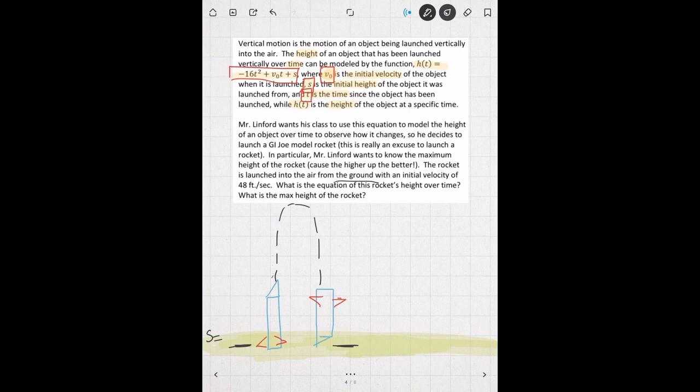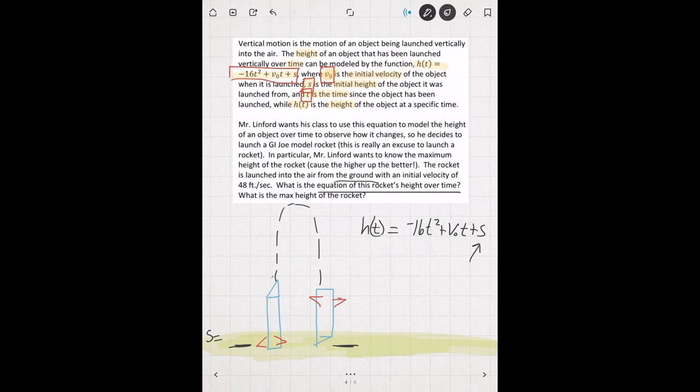Remember, s here is something that we need to figure out because we need to write the equation for this situation. We need to write h of t equals negative 16t squared plus this v sub 0 t plus s. One of the things we have to figure out is what the initial height s is.